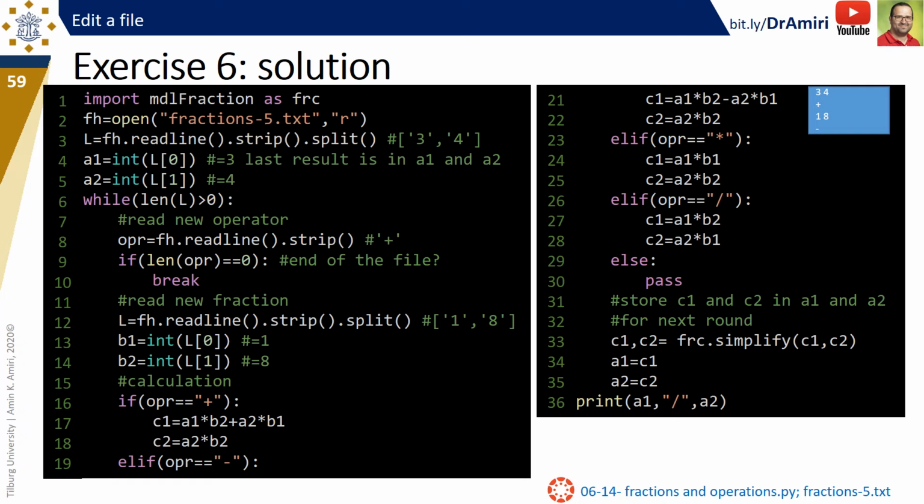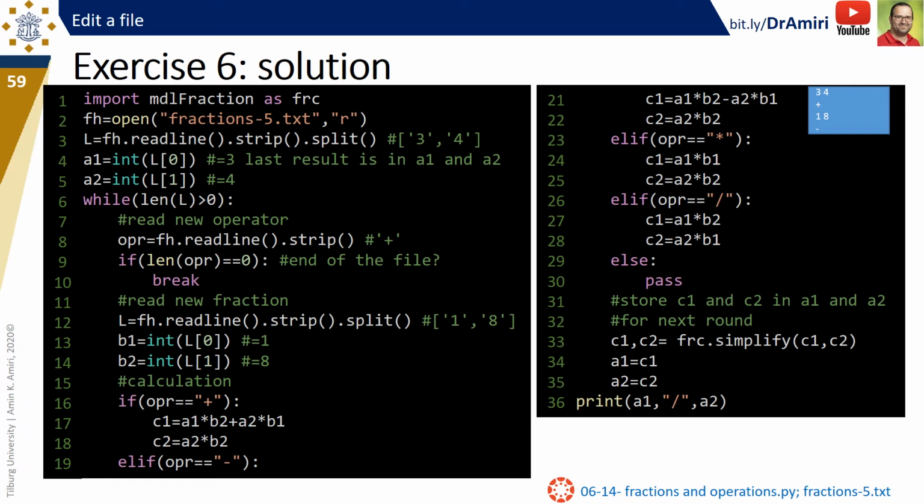Note that the last result of all operations will be stored in A1 and A2 in the next lines. Then with a while statement, I try to check if we are not at the end of the file. We already learned that we need to do that for all read line functions.